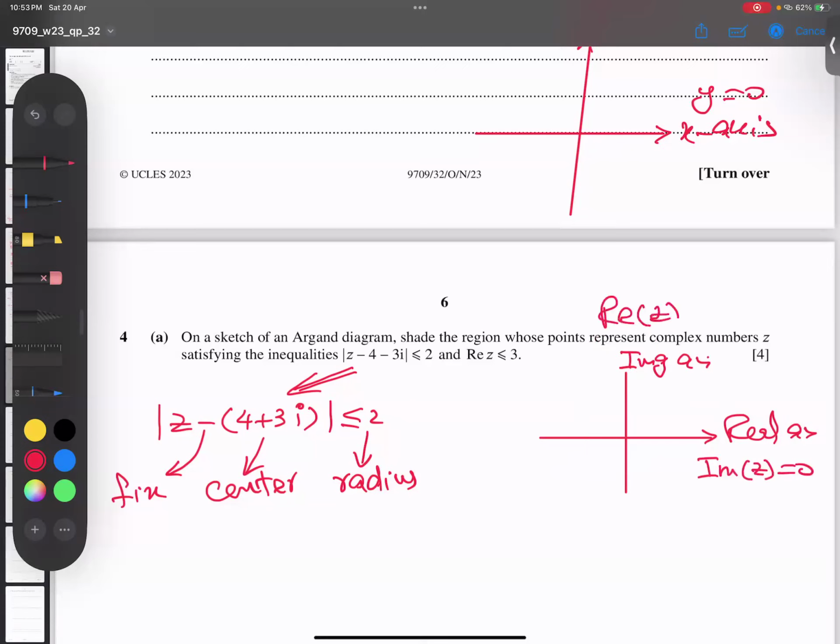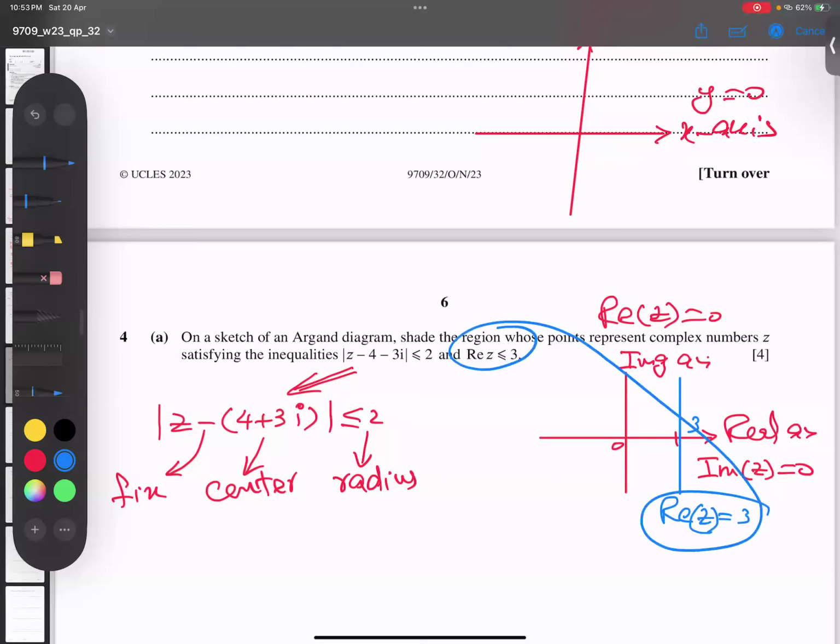Re of z equals 0. Now I think this is clear. If it passes through 3, for example, this blue line passes through 3, so this turns out to be Re of z equal to 3. And I believe you got my point, and that is the reason. So I think this part is very clear.